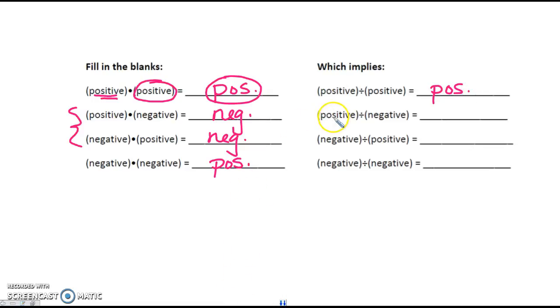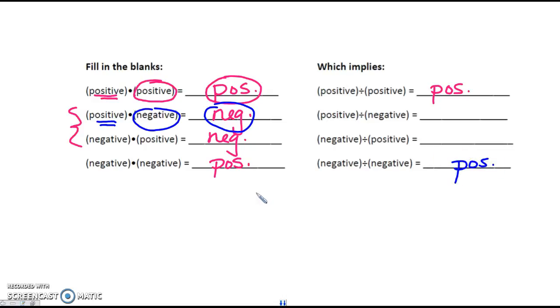What if I take a positive and divide by a negative? Down here. Let's see, let's take a negative divided by negative. That would be right here. Negative divided by negative gives us what answer? Yeah, it's positive. Negative divided by negative is positive.